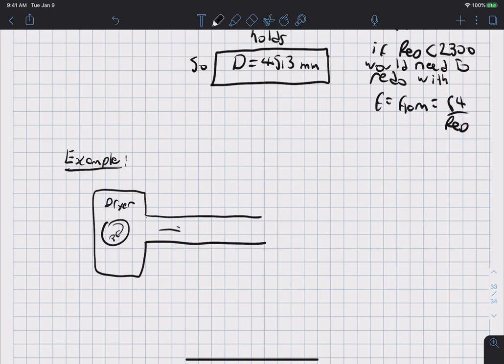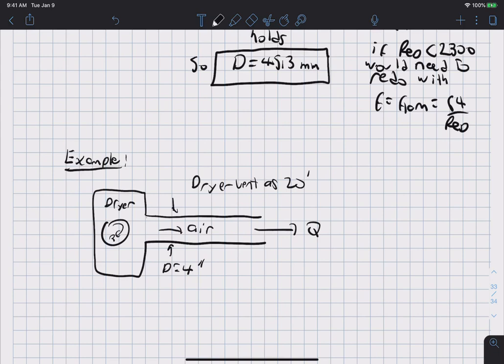So we have air going out, and we're going to approximate the dryer vent length as 20 feet, and the diameter equals 4 inches. Okay, and there's some volumetric flow rate Q leaving it.